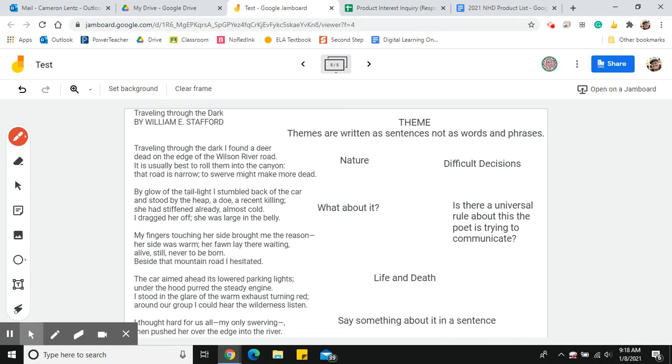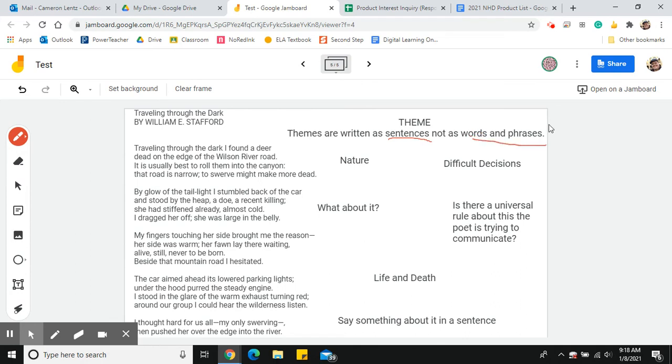And I just kind of wanted to remind you a little bit about theme. So remember, themes are basically the main message, the central idea that a piece of writing has. And when you are writing out themes after you've come to a determination of what the piece is trying to say, I want you to remember that themes are sentences.